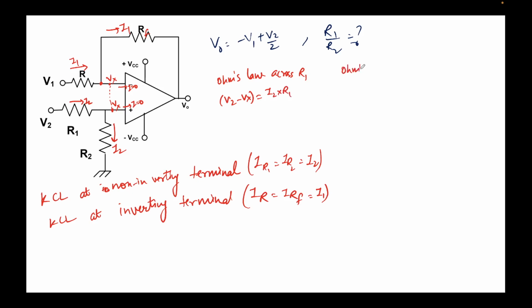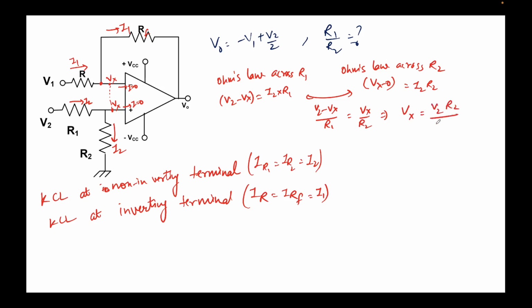Similarly, across R2, the potential drop is Vx minus 0 equal to I2 times R2. From these two expressions, if I equate the value of I2, I can write that V2 minus Vx upon R1 equals Vx upon R2. From this, I can get Vx as V2 R2 upon R1 plus R2. Let's call this expression 1.